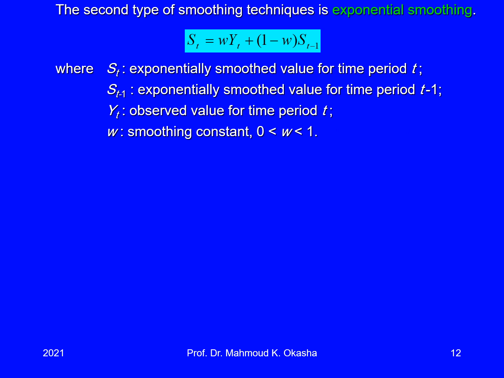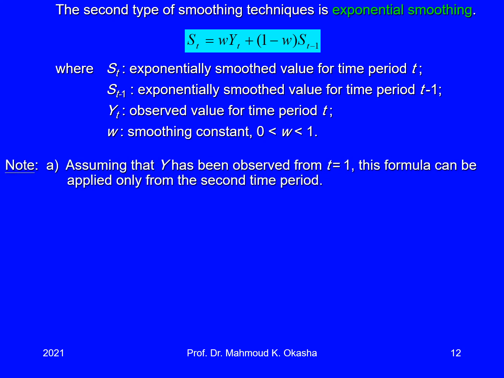And W is the smoothing constant, which can be any value from 0 to 1. The method of choosing W is arbitrary and sometimes difficult.